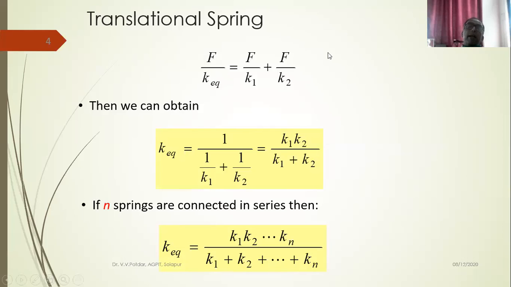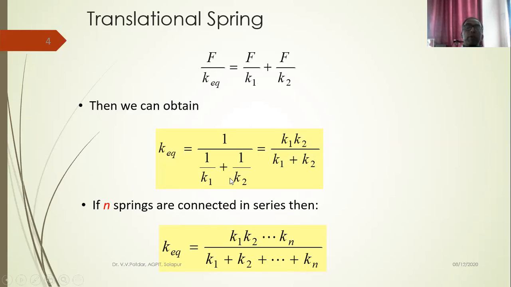Taking K equivalent on the left side, K equivalent will be equal to 1 upon the quantity 1 upon K1 plus 1 upon K2.